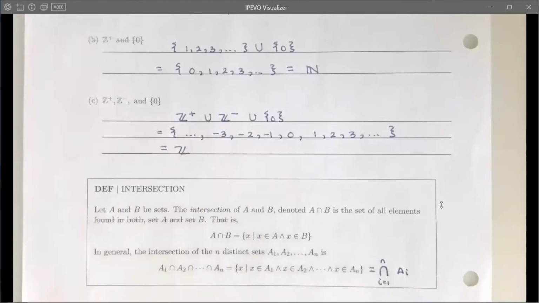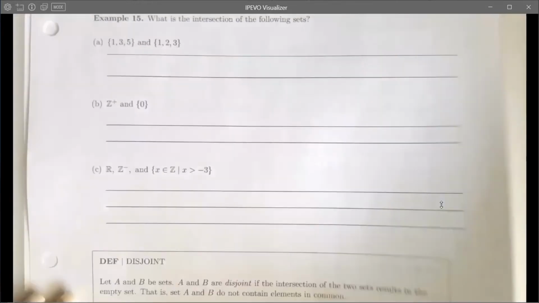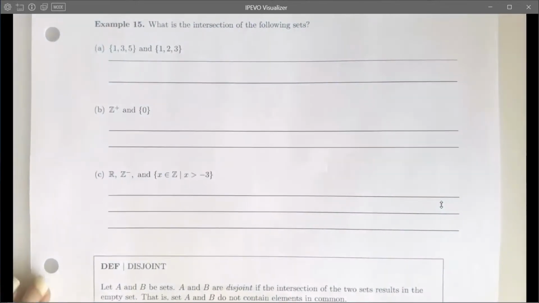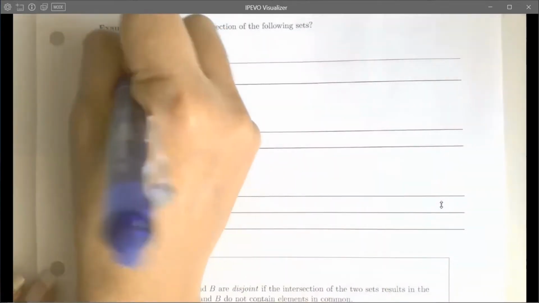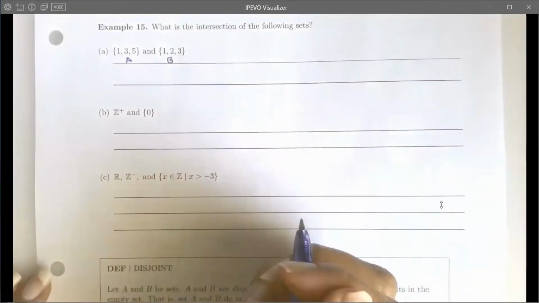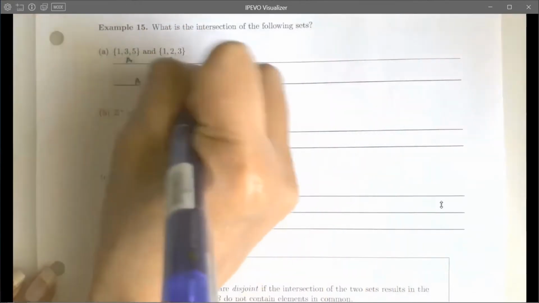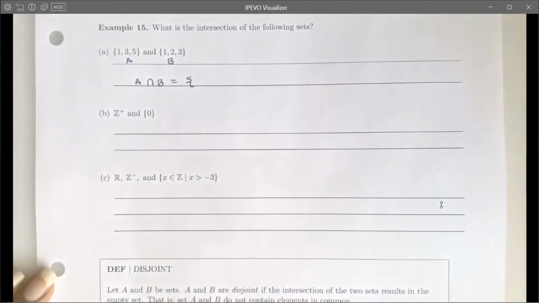Let's look at example 15, which is asking us for what is the intersection of the following sets. This is the same A and B sets that we saw in example 14. And now if we take the intersection, we're looking for all of the elements that they share in common.